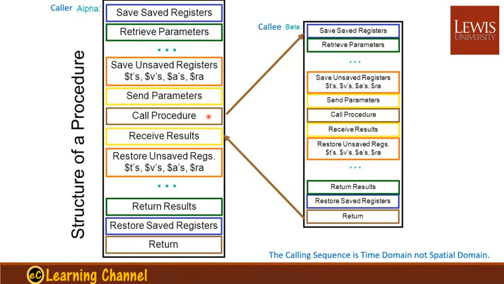It shows the time domain sequence of saving and restoring registers. It's like the operation of calling another callee, in terms of each step, what should I do? And after you return, what will you do? Restore and run, and then eventually you return and finish the caller as well. So this is a time domain chart instead of a spatial domain chart.